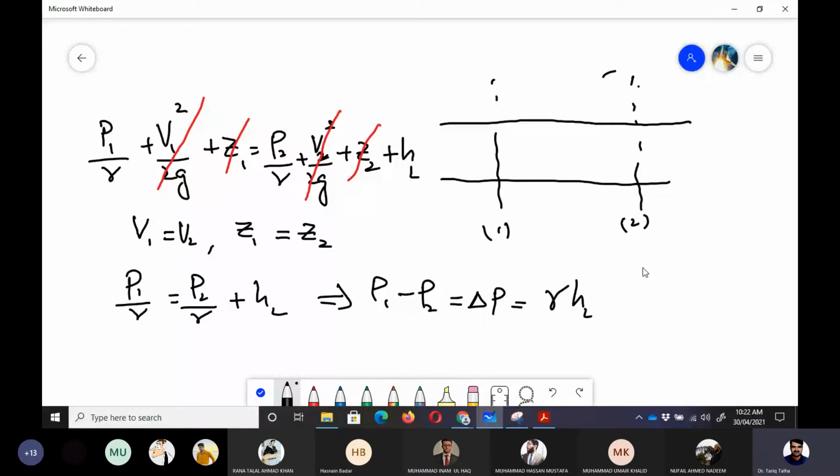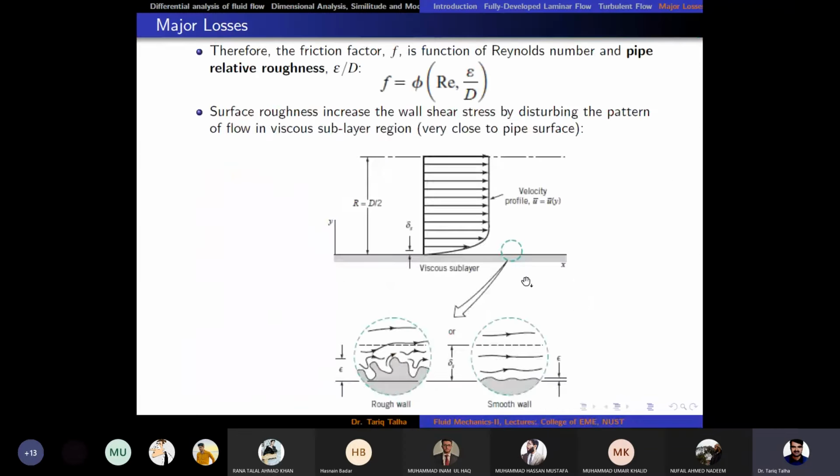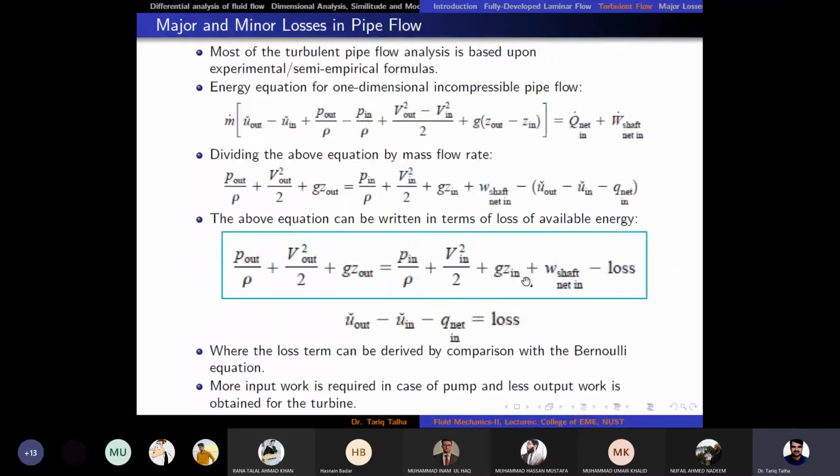We all know that gamma is specific weight, and that is equal to rho into g, right? We know it from our fluid mechanics 1 knowledge. Now this delta P can also be written in terms of friction factor, as we discussed in the previous class. If I take you back here.